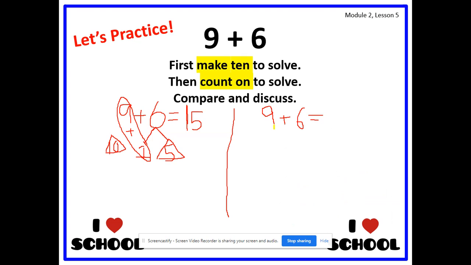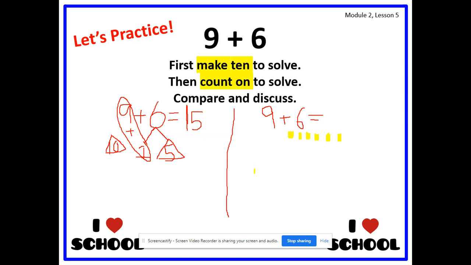So in order to count on, we're going to count on from the biggest part, which is 9. So let's go ahead and make 6 circles. I draw, you draw. 1, 2, 3, 4, 5, 6.